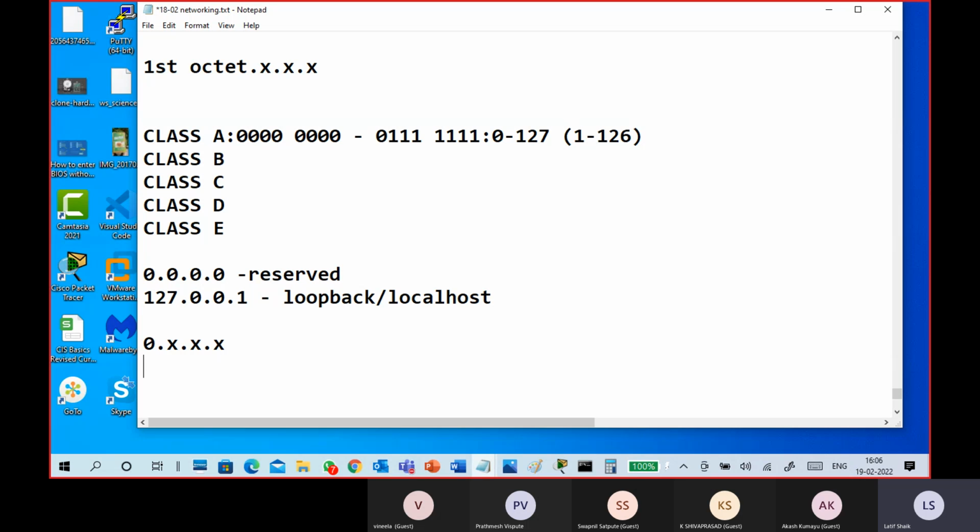We are not using this either. So the complete range is 0 to 127 only.